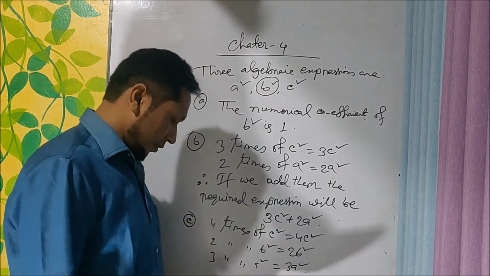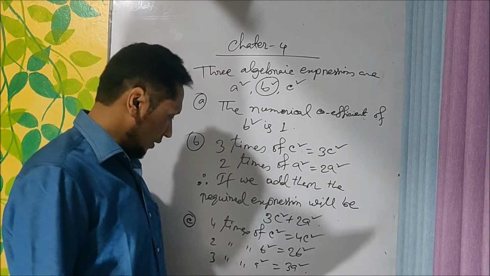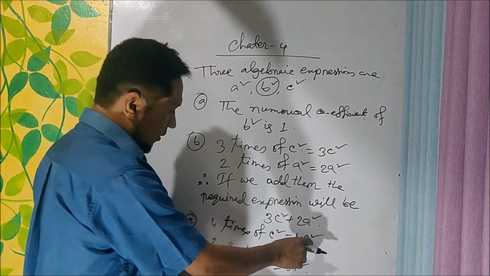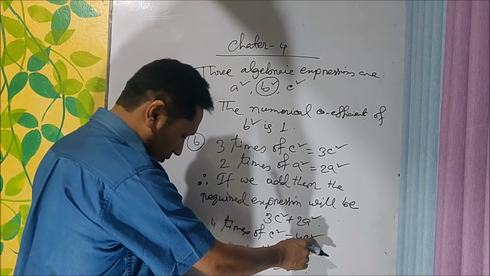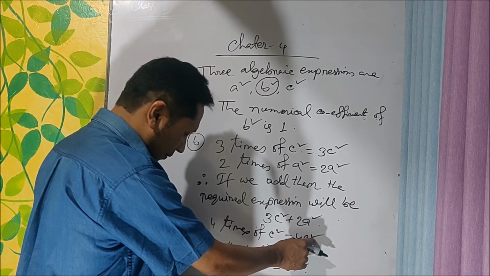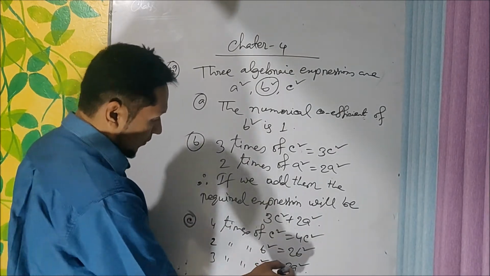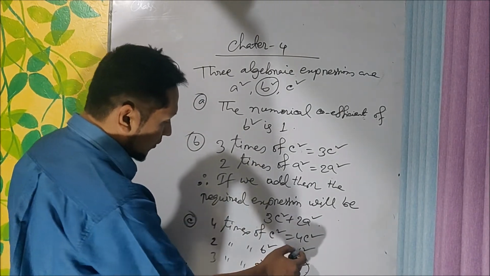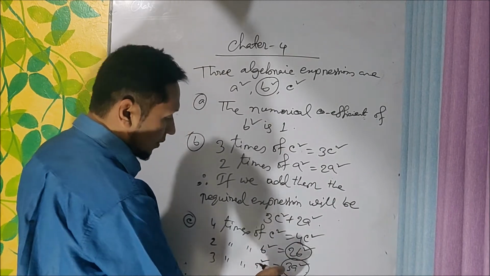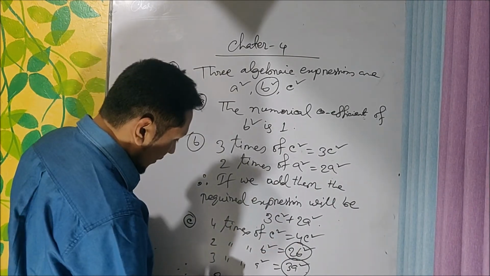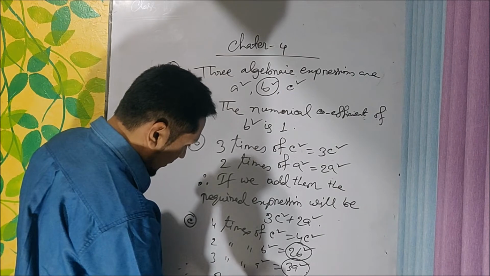Now again I am repeating the question. 4 times of c square is to be added with the difference of 2 times of b square from 3 times of a square, that is 3a square minus 2b square.